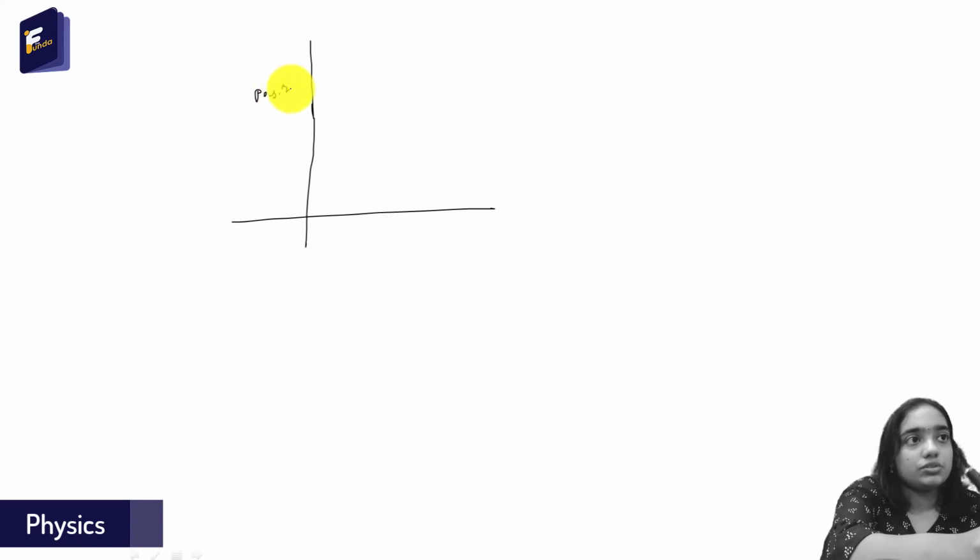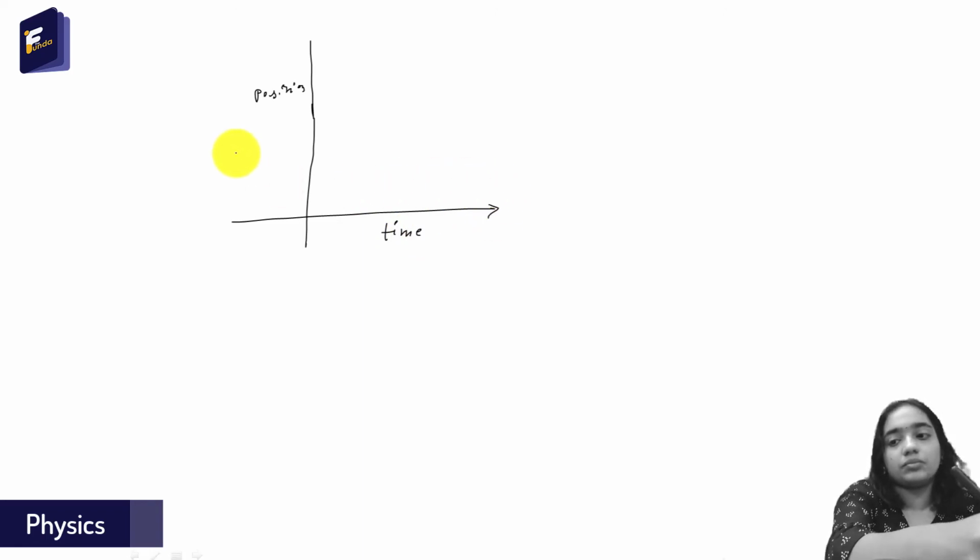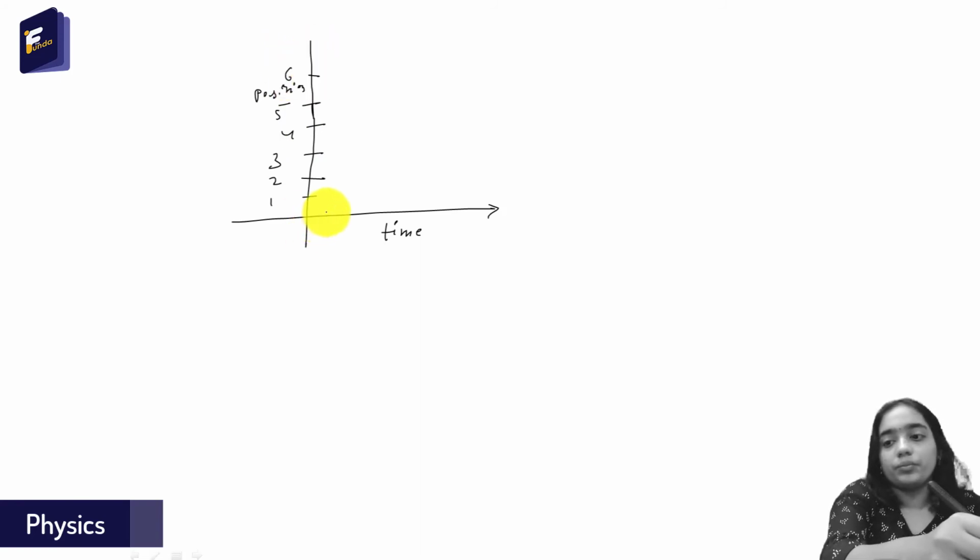This is position and this is time. Let's say this is one, two, three, four, five, and nine.